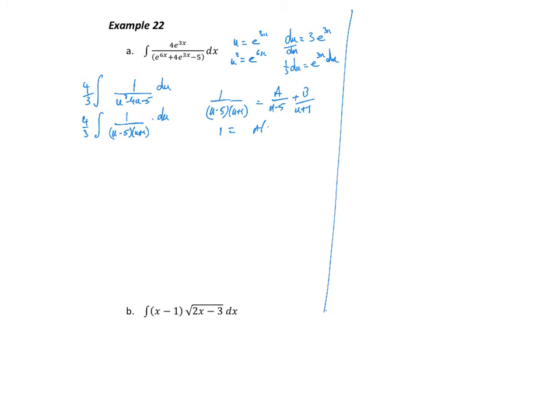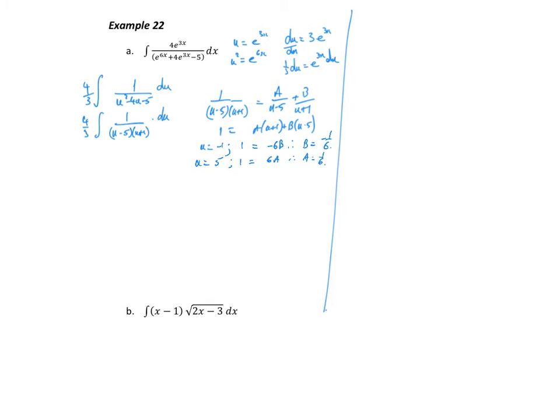We'll do some partial fractions work. If I put u equal to -1, I'll get 1 is equal to b times (-1 minus 5), which is -6. b is equal to minus 1/6. I put u equal to 5, I'll get 1 is equal to 6a. a is equal to 1/6.